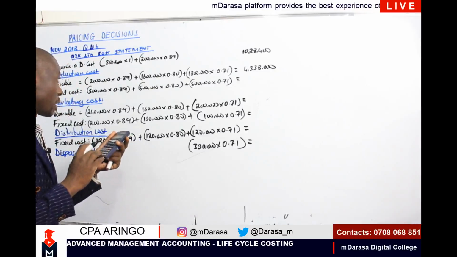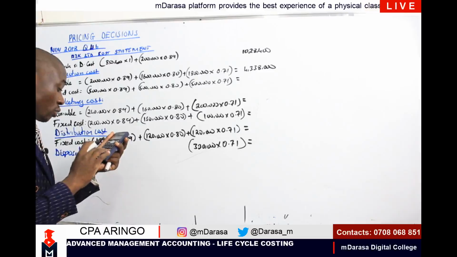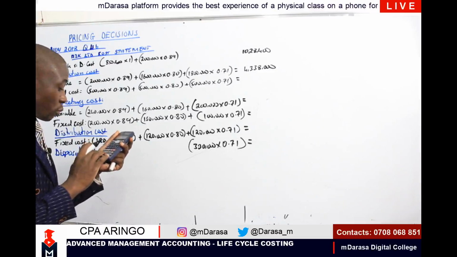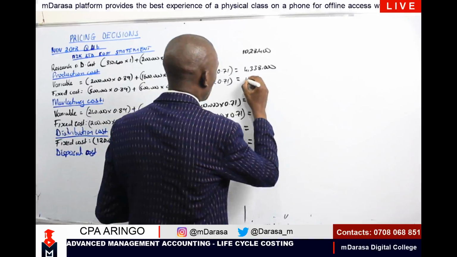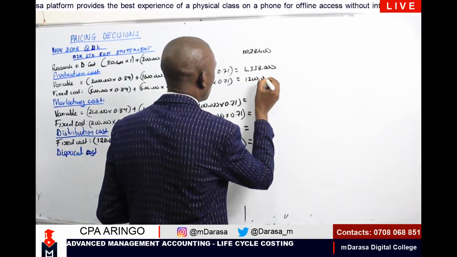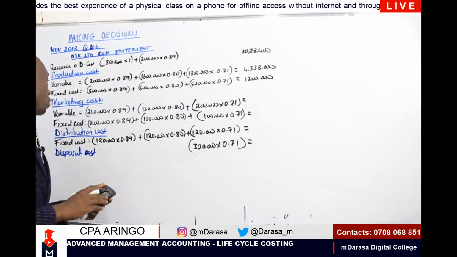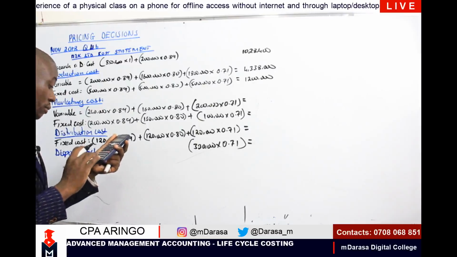The other case, we're talking of 500,000 by 0.89. We are going to add 500,000 by 0.80. We are going to add 500,000 by 0.71. So therefore, we should be talking of 1.2. I'm getting a figure of 1.2 million. For marketing, talk of 240,000.